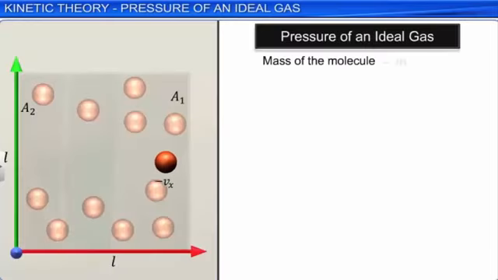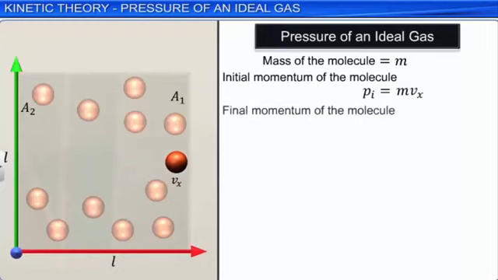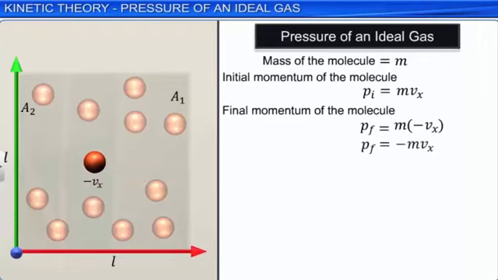Let the mass of a molecule be m. Then the initial momentum of the molecule along the x-axis, pi, is equal to mvx. The final momentum of the molecule along the x-axis, pf, is equal to m into minus vx, or pf is equal to minus mvx.